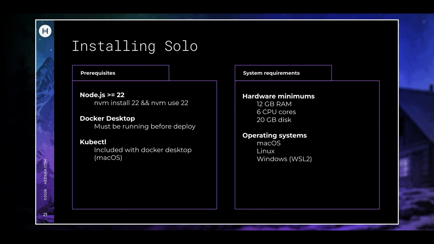And so just a quick idea of how to install it. If you have these requirements, Node.js 22, Docker Desktop, and you have macOS, Linux, or Windows, and you have 12 gigabytes of RAM and 6 CPU cores, that's what you need to get it started running on your laptop or devices. I suggest you try it out.